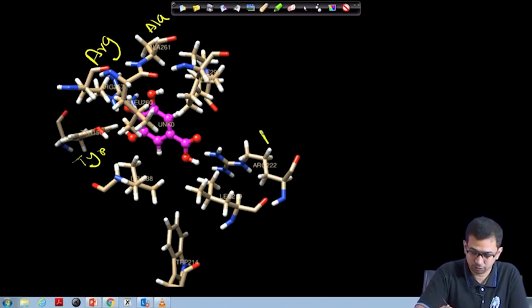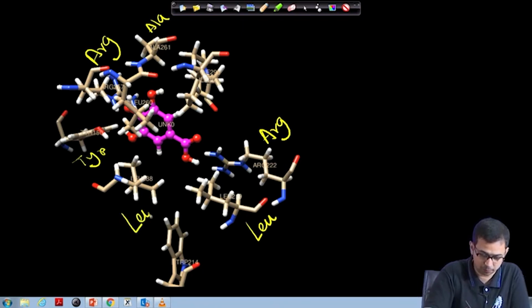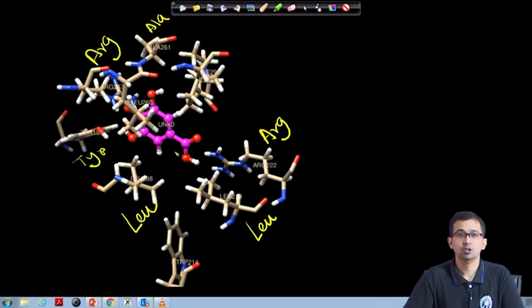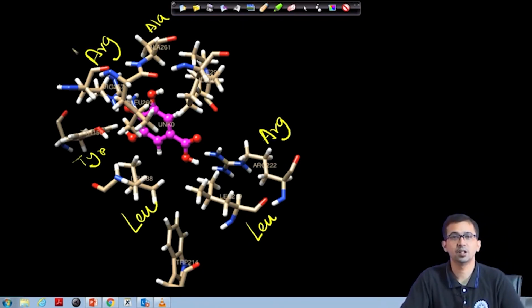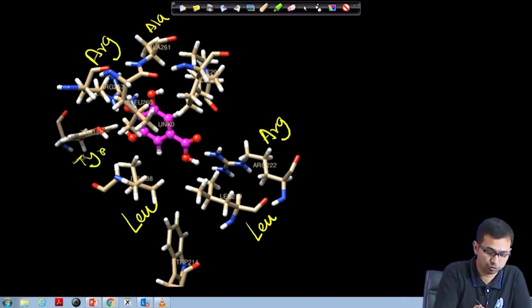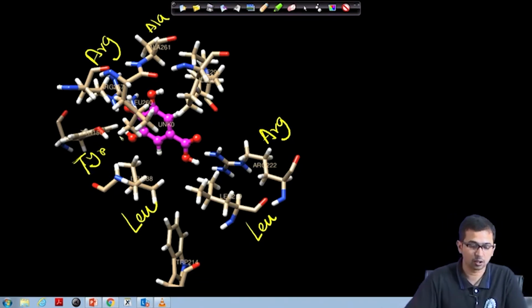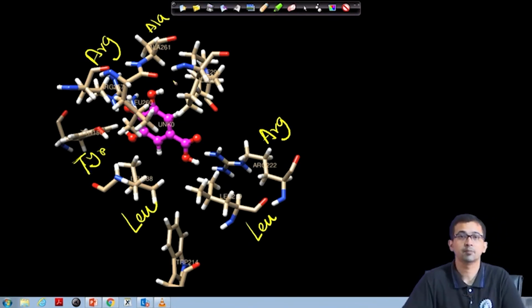Here are also arginine residues, and here is leucine, and here is also leucine. One important thing we can see is that there are polar residues and one aromatic residue. This one is your tyrosine, and the residue number is written just next to it. So, we can see there are polar as well as non-polar and aromatic residues around this gallic acid moiety.